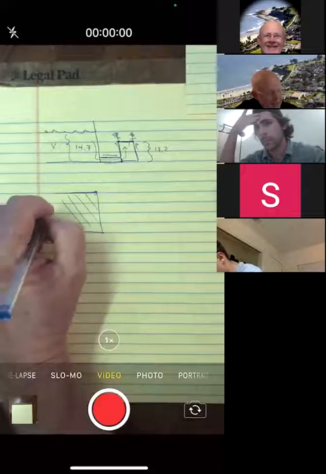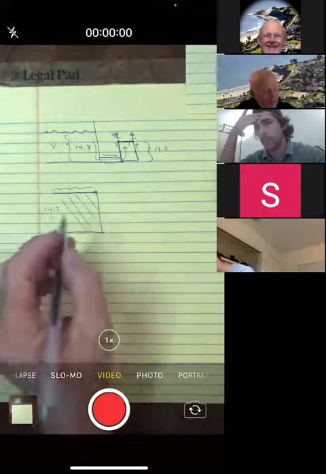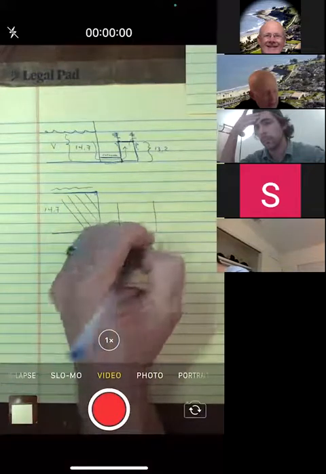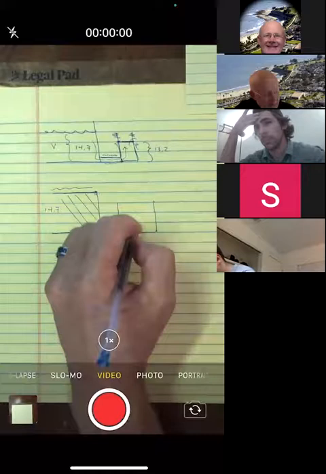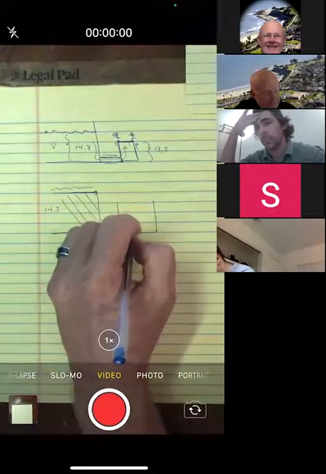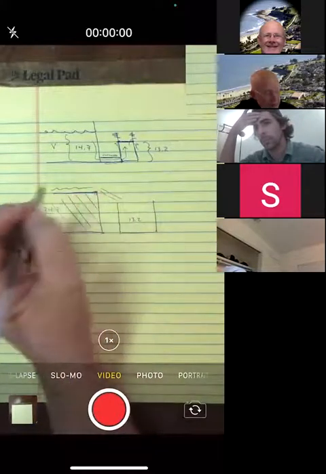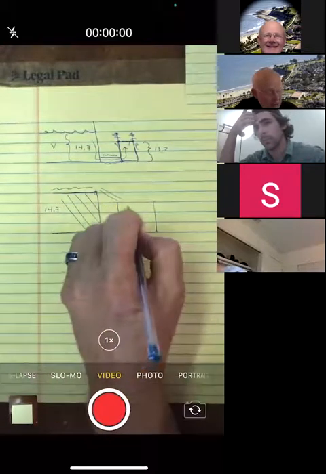But again, maybe I had a hillside that was 14.7 meters up with water running in it, and I'm trying to fill up a tank that is 13.2. You're right in the sense that this is pushing back.